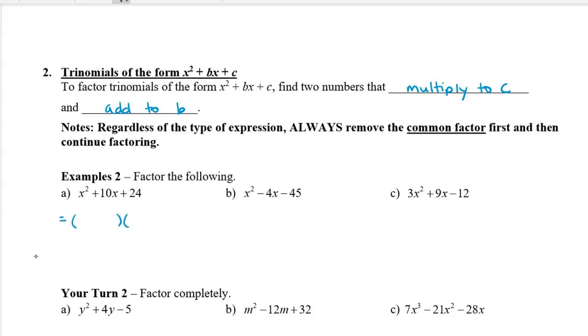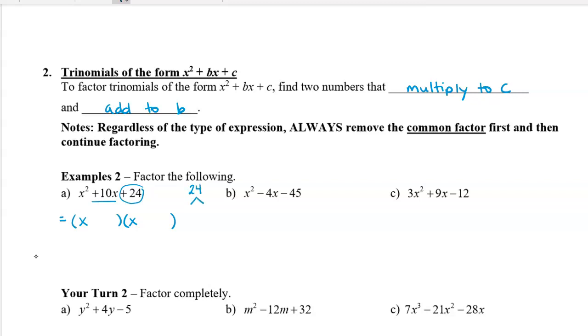This is going to equal, we're going to open up two brackets to create two binomials. This first term is x squared, so we know this has to be x and x, because x times x is x squared. Now we want to find two numbers that multiply to 24, that's our c value, but add to 10.